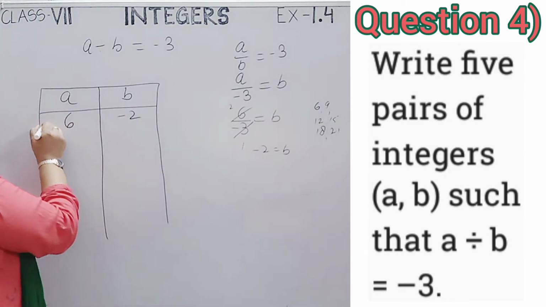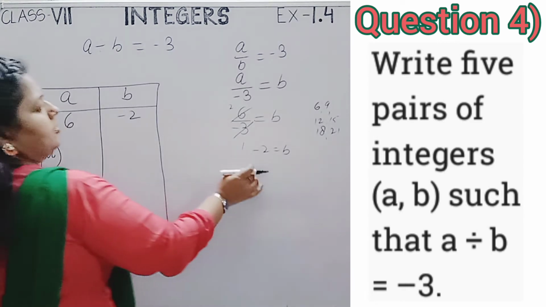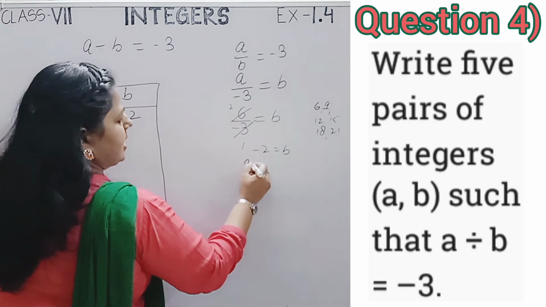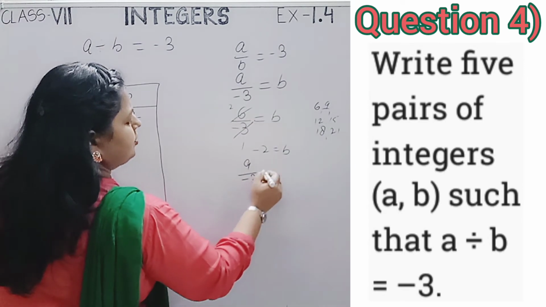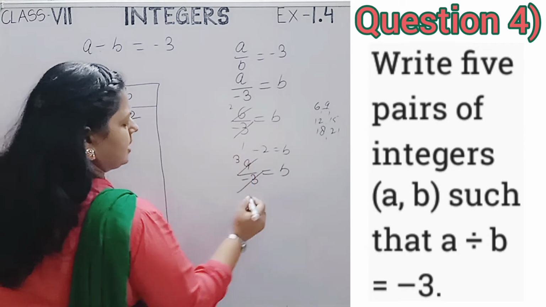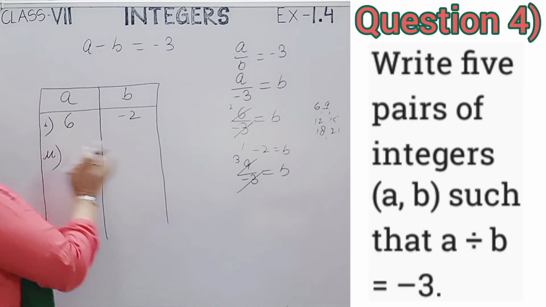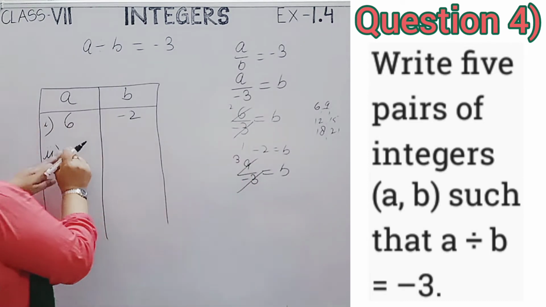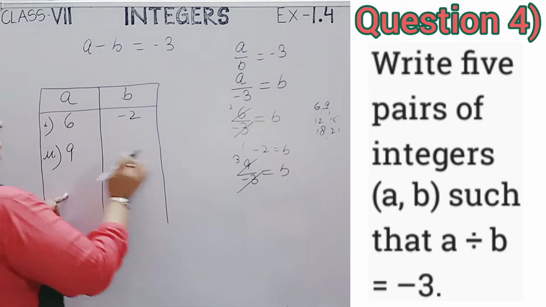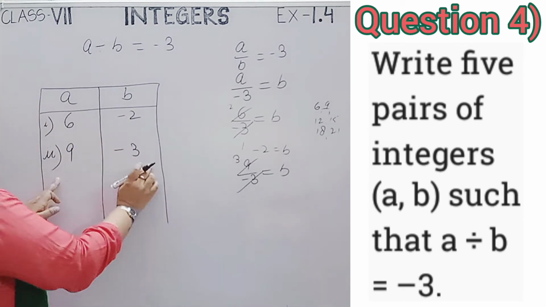This is our first pair. And for the second pair, in this way, we will select the next one, 9. So 9 upon minus 3 equal to B. Cancel out 3. So B is minus 3. If I put A as 9, then I got B as minus 3. This is our second pair.